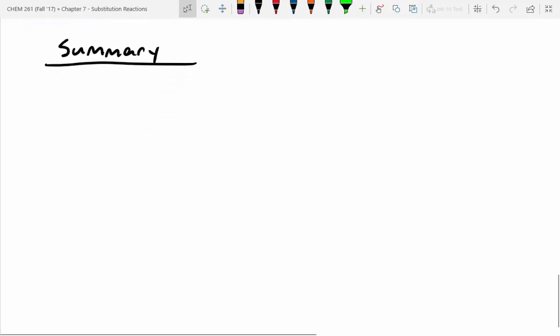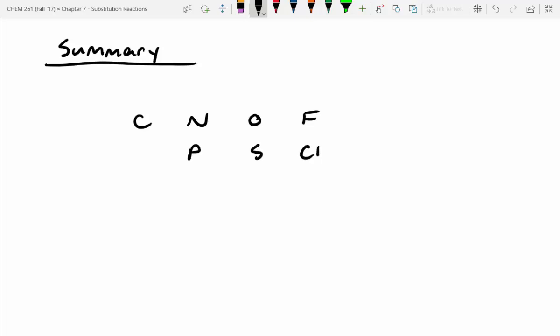Because I'm an organic chemist, my periodic table looks a lot like this. Everything else on the periodic table is just wasted space, right? All right, so we are primarily concerned with this top right-hand corner.